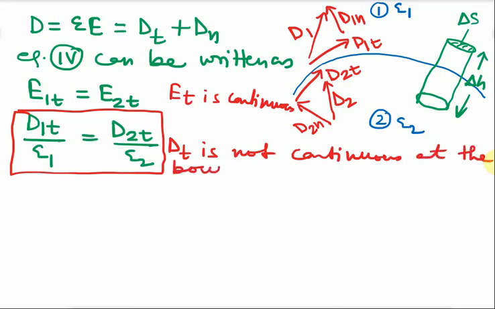Why not continuous? Because it is not equal. D1t is not equal to D2t; rather, it depends on epsilon 1 and epsilon 2. So Dt is discontinuous at the boundary, because it changes across the boundary.